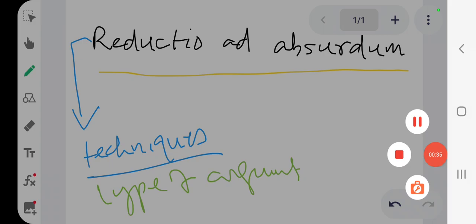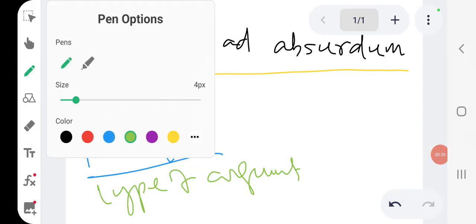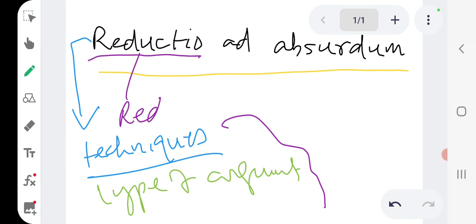Literally, if you pay some attention to it, it would be obvious to you. It's a Latin phrase. Reductio means reduction or reducing. Ad means to.